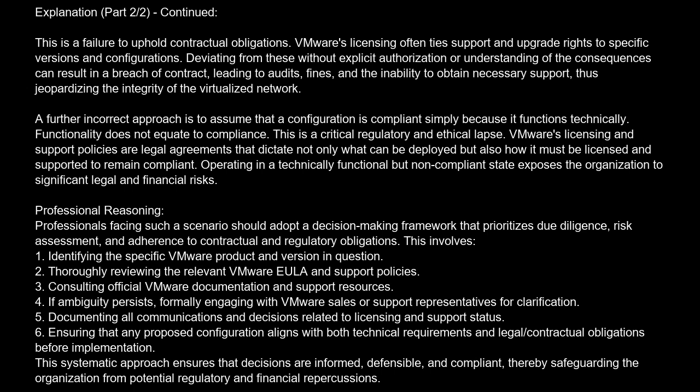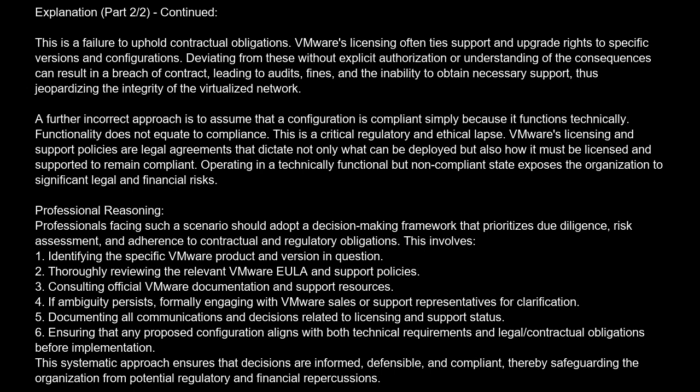Professional reasoning. Professionals facing such a scenario should adopt a decision-making framework that prioritizes due diligence, risk assessment, and adherence to contractual and regulatory obligations. This involves: 1. Identifying the specific VMware product and version in question. 2. Thoroughly reviewing the relevant VMware EULA and support policies. 3. Consulting official VMware documentation and support resources. 4.